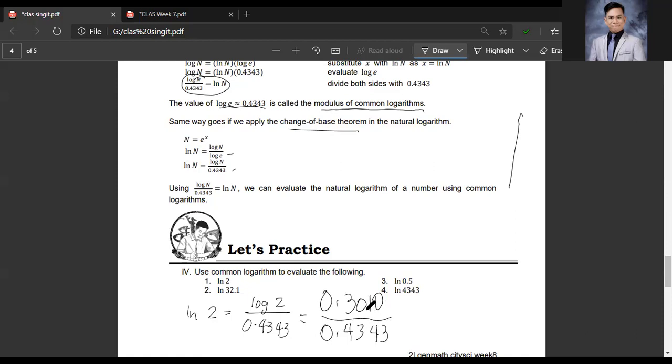So 0.3010 divided by 0.4343 is equal to approximately 0.6931. So ang value ng ln 2 natin is equal to 0.6931. Same process din po yung gagawin natin sa other law natin, sa iba nating natural logarithm.